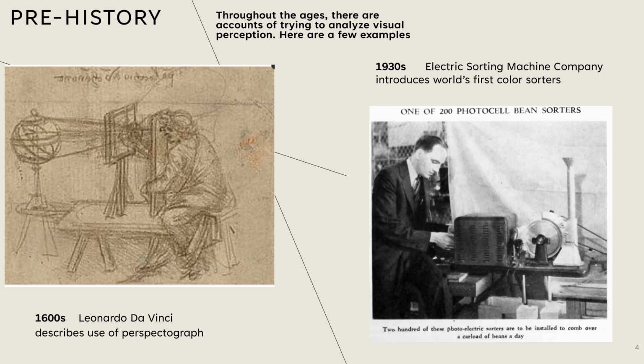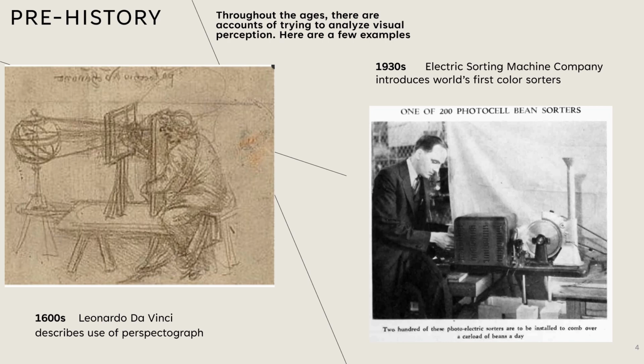One is from the 1600s. It's a drawing by Leonardo da Vinci. Use of perspectograph. It's a glass where you would trace the surroundings on the glass, and then when you actually look at your tracing, you will be able to see perspective.